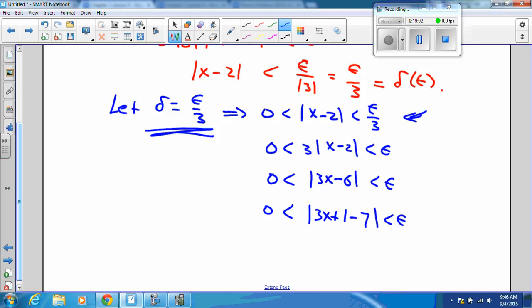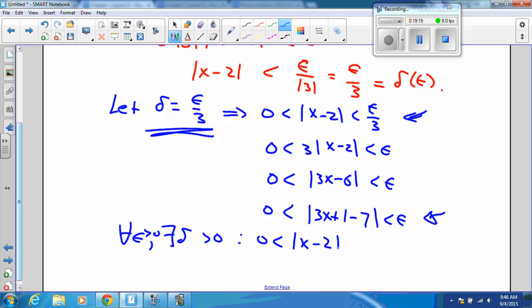And so what we have shown is that for any epsilon, we can find a delta, namely epsilon over 3, so that x's in the delta neighborhood produce y's that are in the epsilon neighborhood.